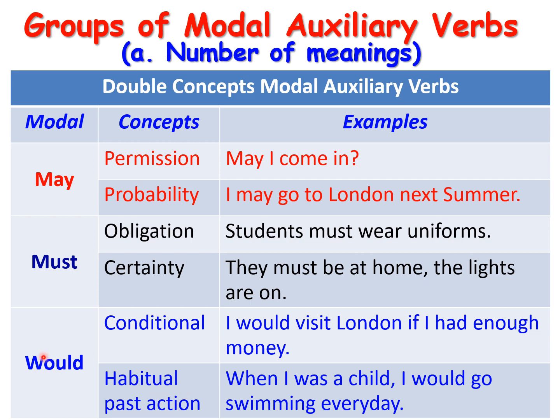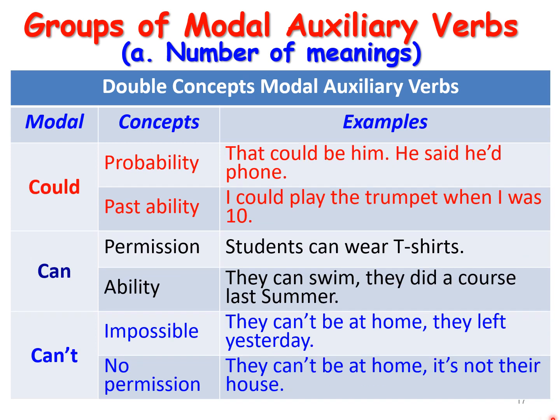So would can be used to talk about conditional and habitual past action, as you can see from the two examples, right? Okay, next we move to other modal verbs. Could is used to talk about, first, probability. That could be him.